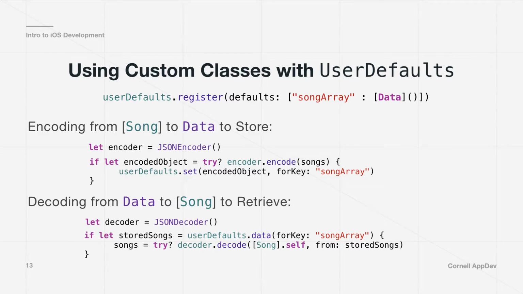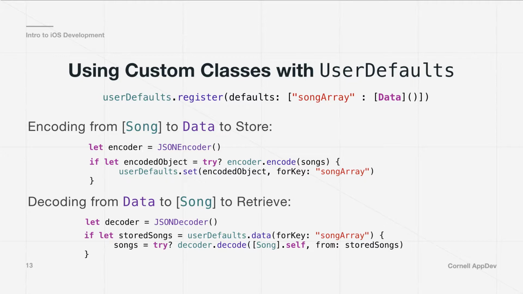So in this example, with encoder.encode(songs), songs is the song array, and what the encoder is doing is turning that song array into a data object, which can then be set into UserDefaults associated with the key songArray.